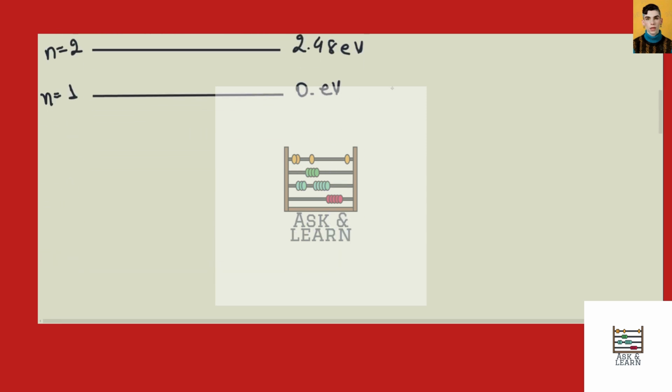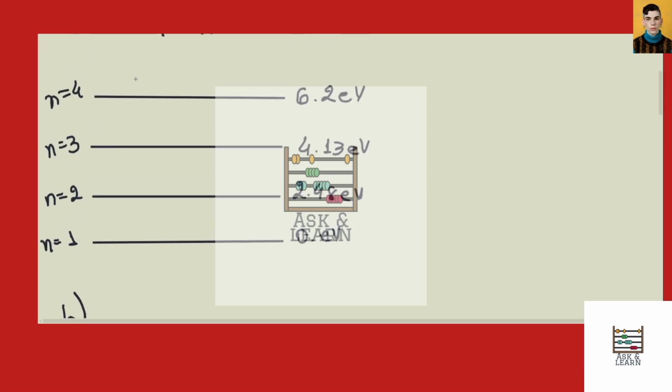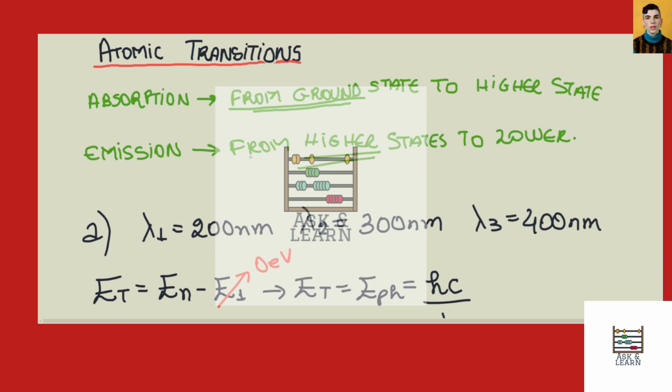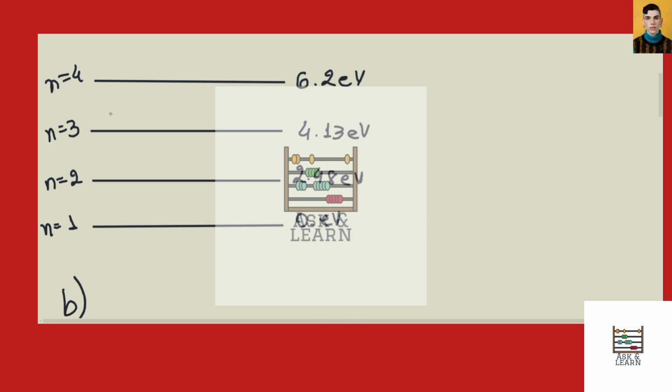Now, question B wants us to calculate the emission wavelengths for this atom. So remember that emission is from higher states to any lower states. So first, let's see what types of emissions we can have. We can have a transition from 4 to 3, from 4 to 2, and from 4 to the ground state.